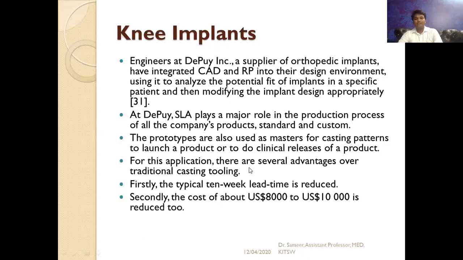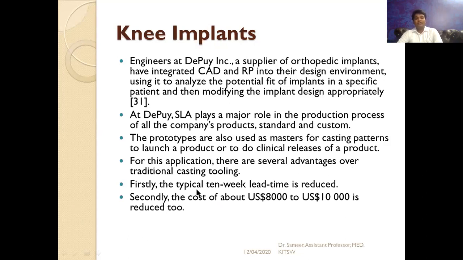For this application, there are several advantages over traditional casting tools. At DFU, they have not only analyzed the potential fit of the implants in specific patients, but also created the prototypes which can be used as the masters for the casting patterns. And with this, they had several advantages over traditional casting tooling.